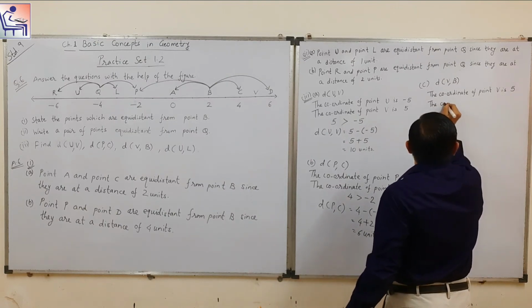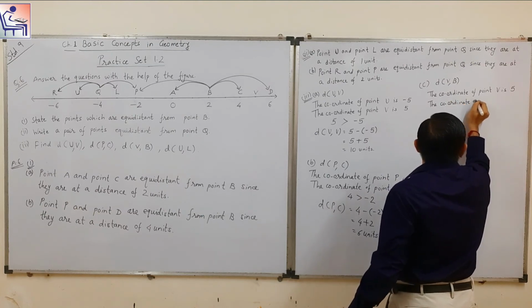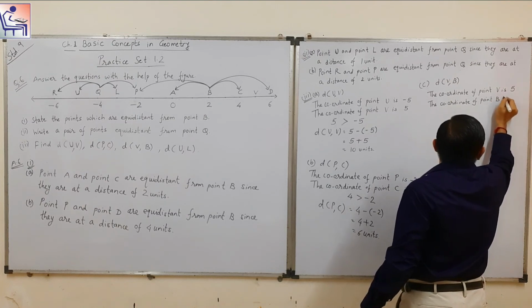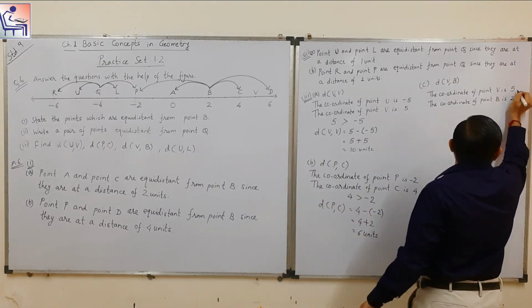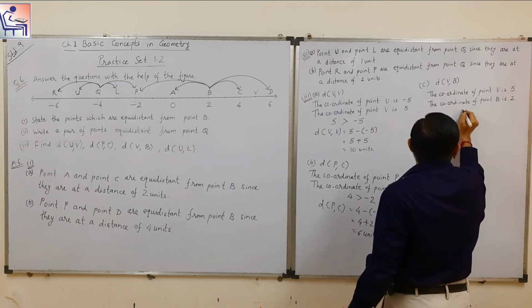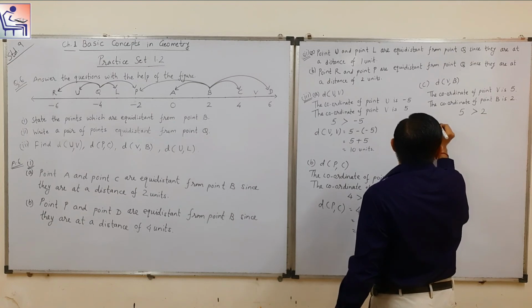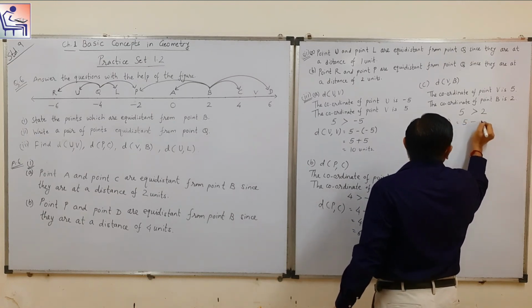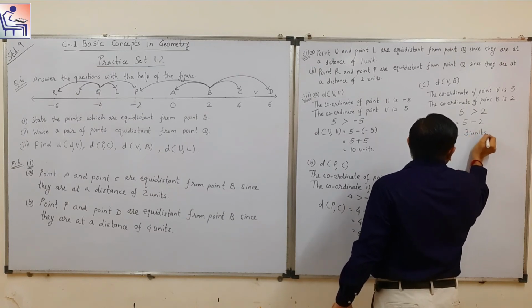The coordinate of point B is 2. Here we can say that 5 is greater than 2. Therefore, distance VB is equal to 5 minus 2, which is equal to 3 units.